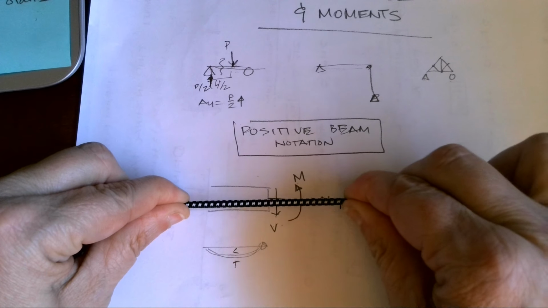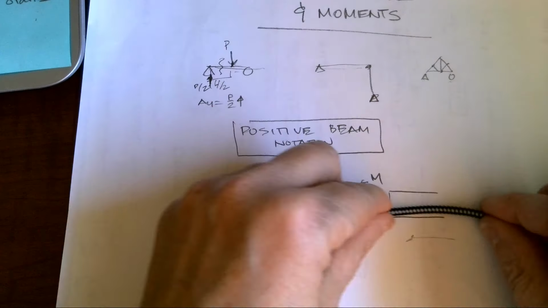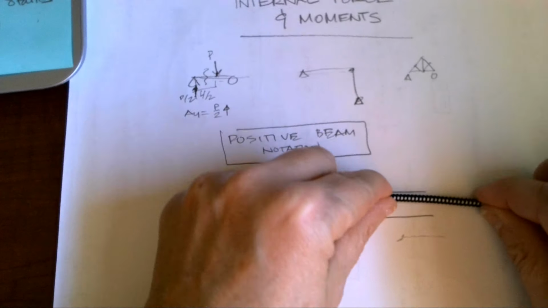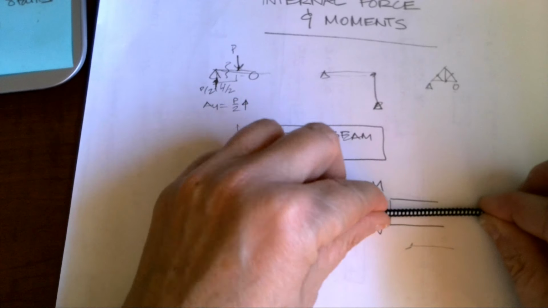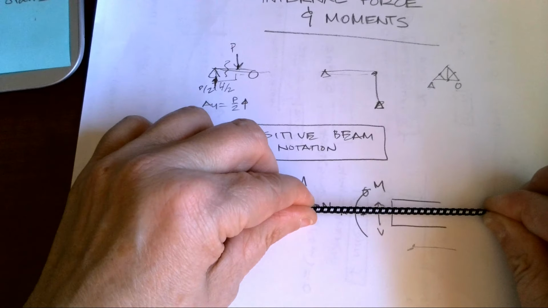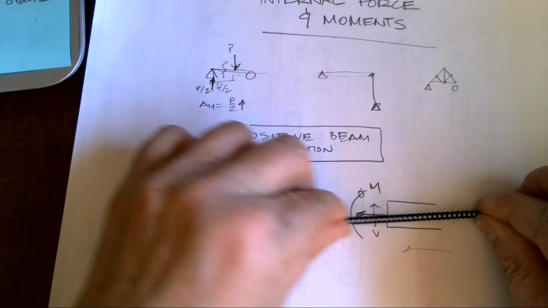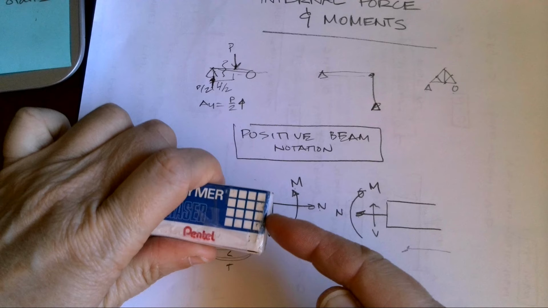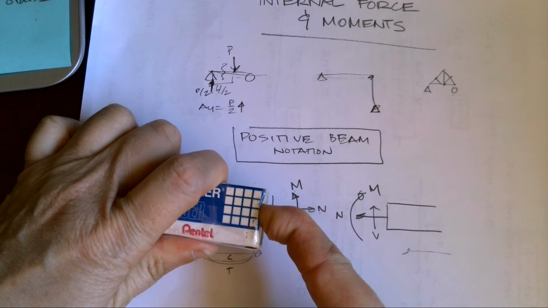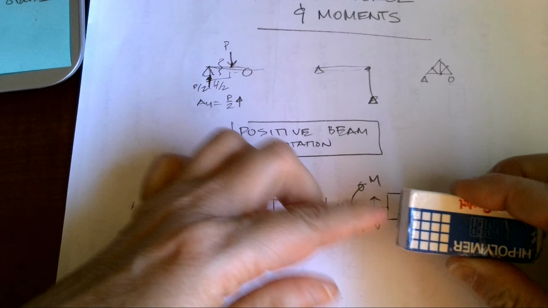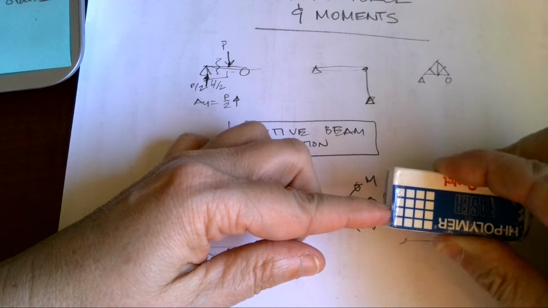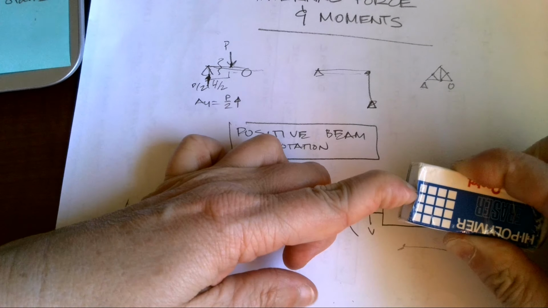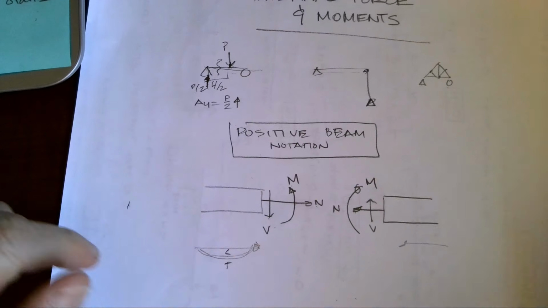As I'm working my way from right to left, I also am showing normal pulling away from the beam in tension. If it were a negative normal, that would let us know we are looking at compression. I'm compressing on this side, pushing to the right over here, compressing over here. Sorry, these are really kind of bad examples, but there you have it.